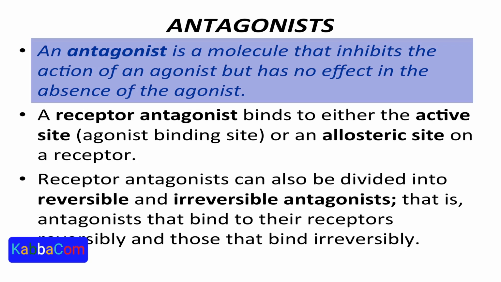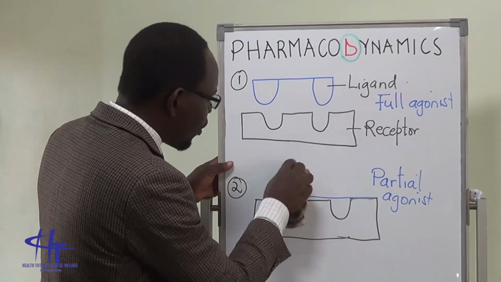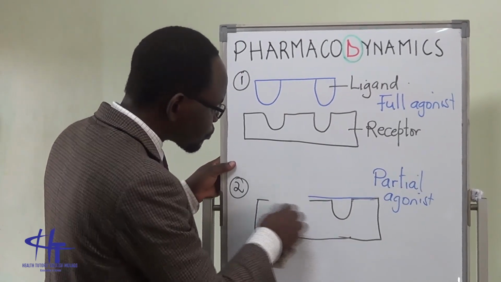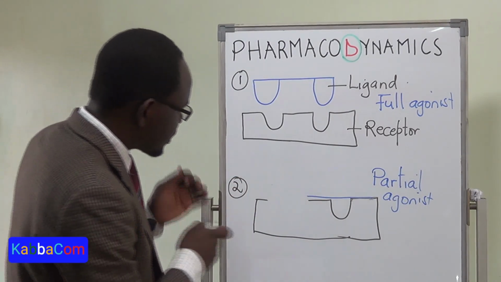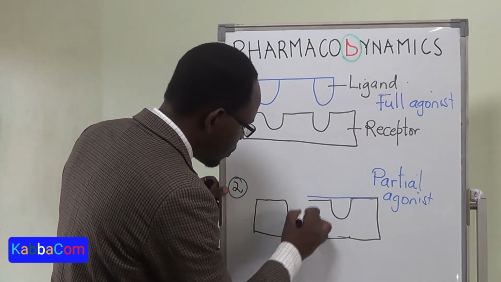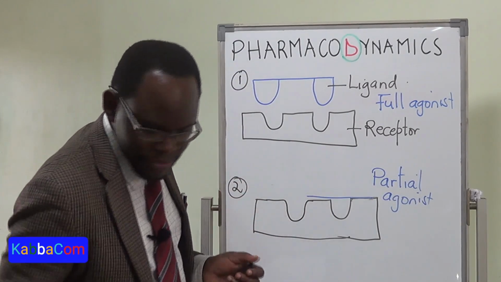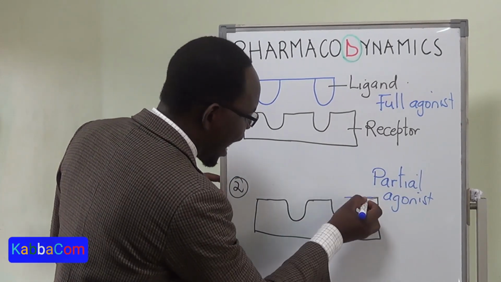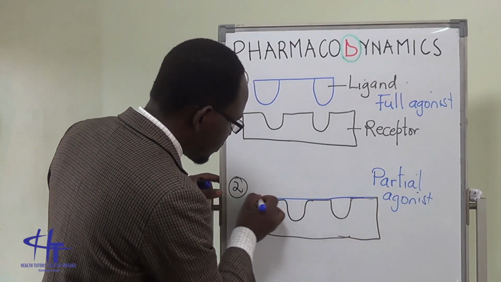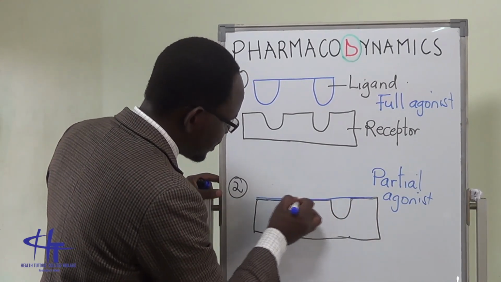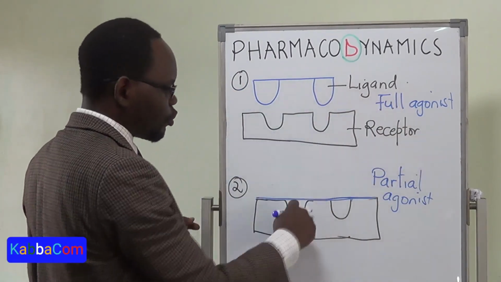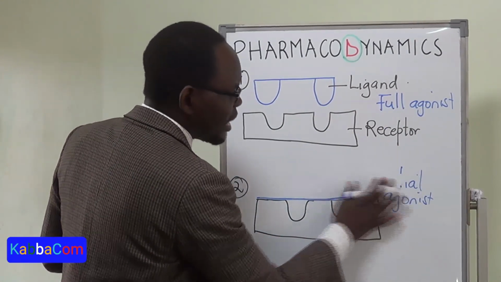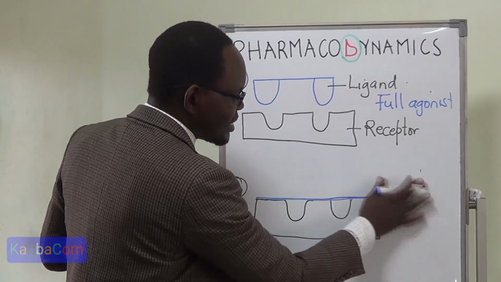In this context, the antagonist comes and hides the binding sites, so the agonist is unable to bind. So in this particular case, this is an antagonist.